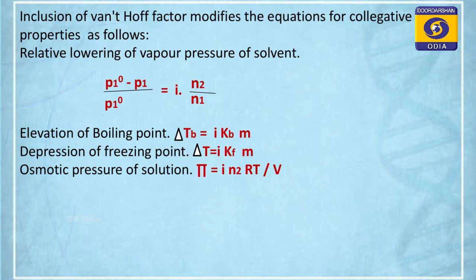Inclusion of this Van 't Hoff factor changes the expressions for the colligative properties. The delta Tb will be equal to i Kb m, delta Tf will be equal to i Kf m, and pi will be equal to i nt RT by V. The i is the Van 't Hoff factor which will be determined.